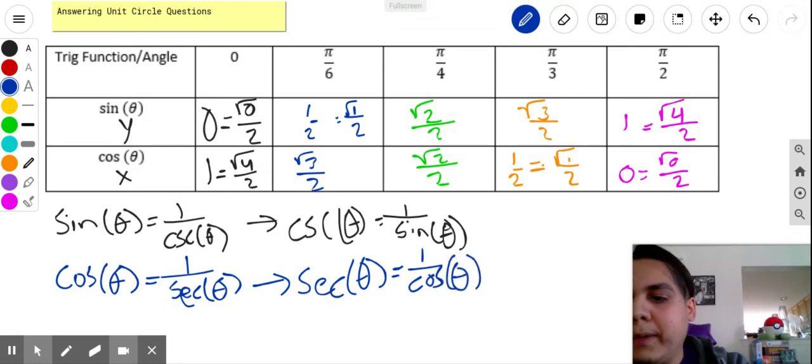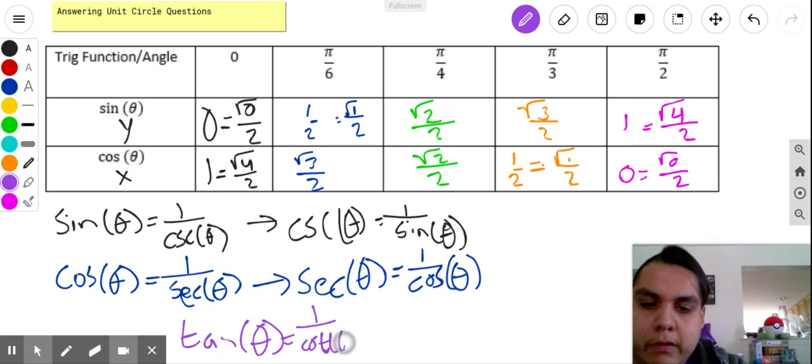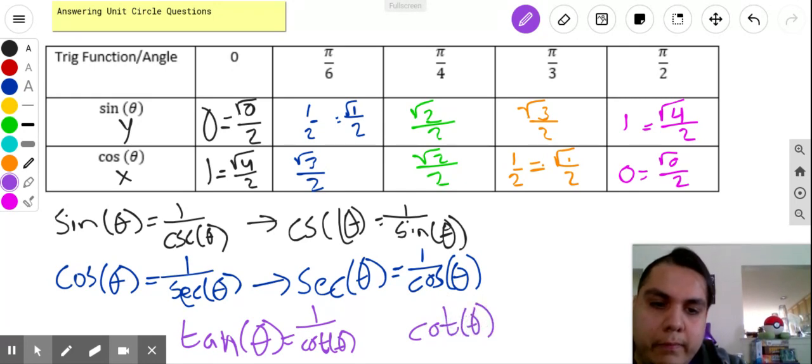All right, last but not least, we got our tangent. Tangent of theta is equal to 1 over cotangent of theta. So we could also say that cotangent of theta is equal to the reciprocal of tangent.